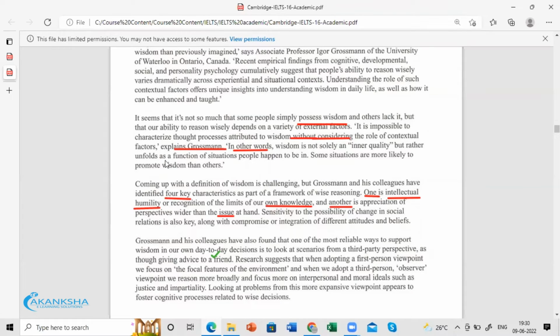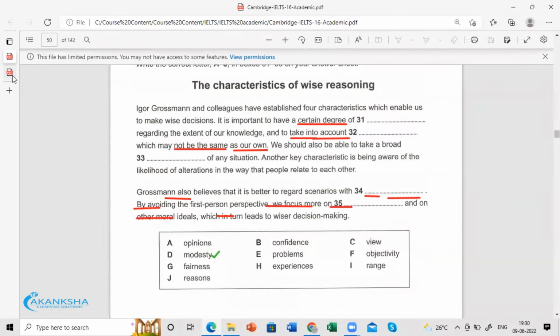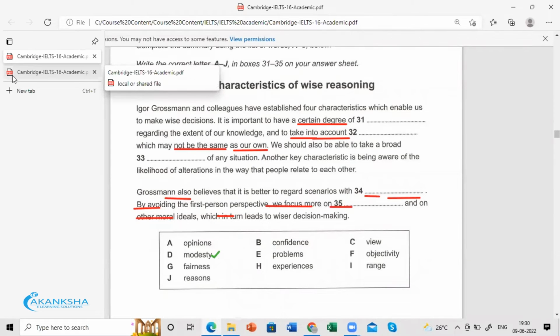The next word that we need here is actually this, not the issue. That is perspectives which are wider than the issue at hand. So what we need here is take into account the perspectives which are not the same as the ones which are in our hand. Like that.